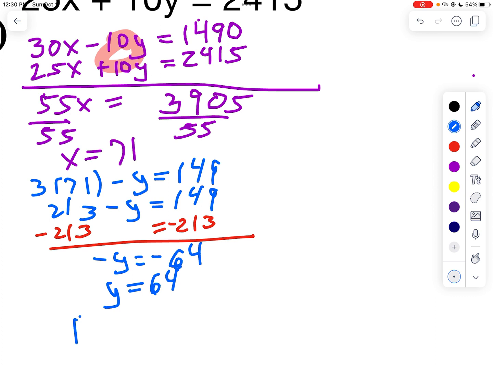So 71, 64 is our solution. And we could have done that by graphing, because that one turns out to be a nice whole number, doesn't it? But I told you not to do that, so that's what I would prefer you do.